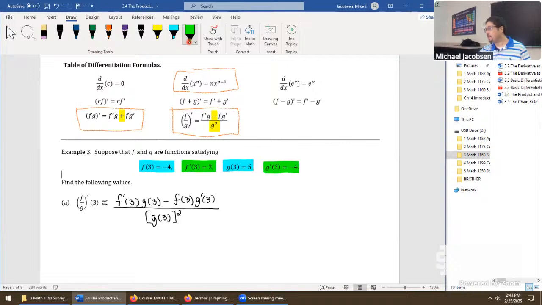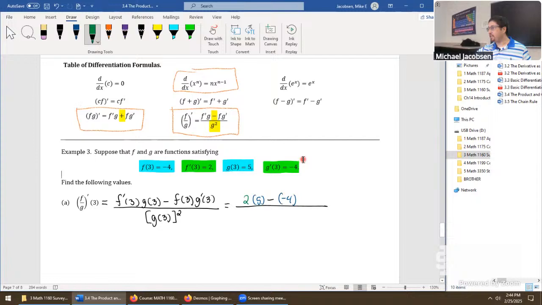Then once we have that, we have function values going this way, derivatives going this way. So we're just going to plug in the information as we see it based off the table above. So inputting in all those values, we have to be really pretty careful here. F prime at 3 means use this value, so 2, multiplies g at 3, but that's a function value, so 5, minus f at 3 here, we just look up at the table as a negative 4.